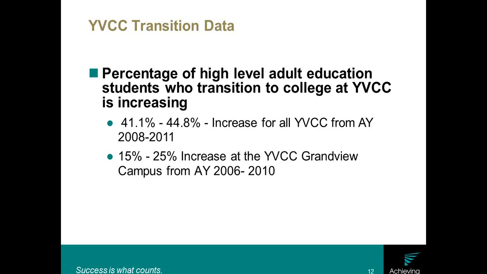And then at the Grandview campus, which is where many of these efforts started, from '06 to '10, we saw an increase from 15 to 25%. And we're happy with those increases, but obviously we have a long ways to go.